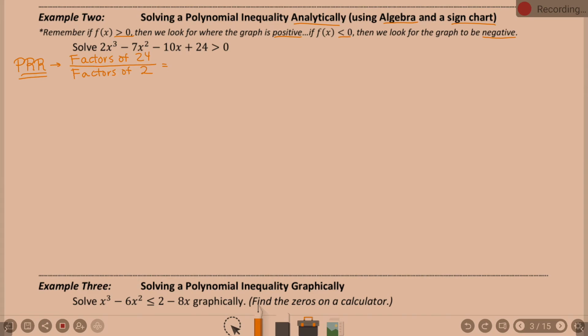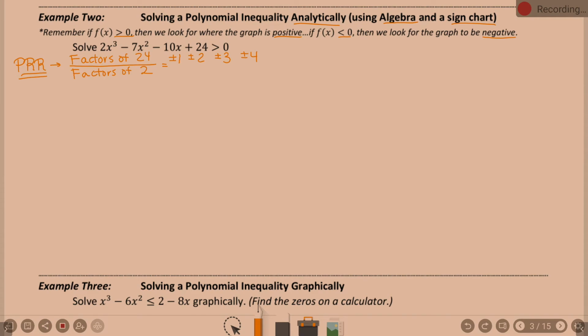What do you got for factors of 24? I'm thinking in pairs in my head. Are you thinking in pairs in your head?